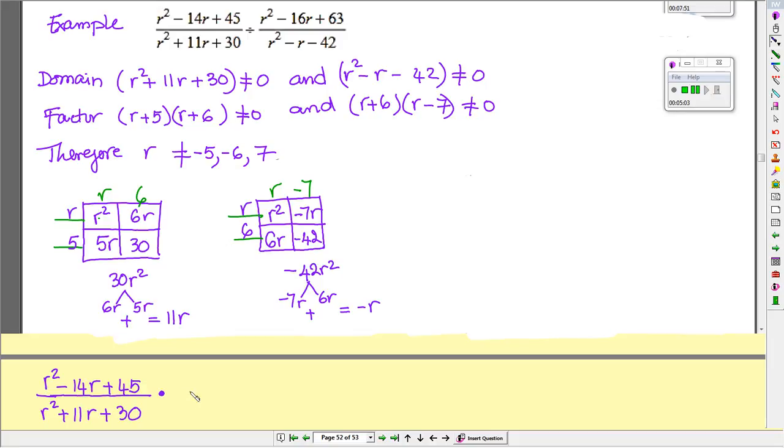Now we flip and multiply the second fraction. That will give us r squared minus r minus 42 over r squared minus 16r plus 63. Okay, next step, we are going to factor each of the numerators and denominators.